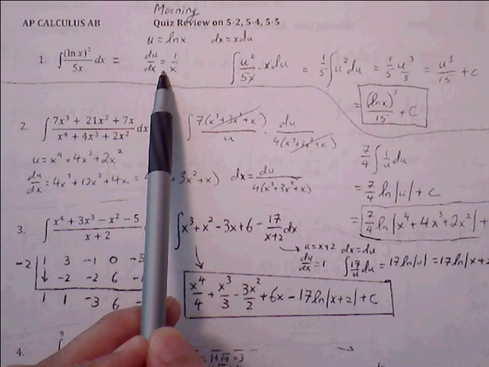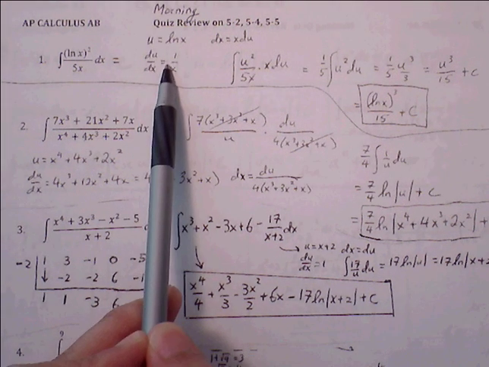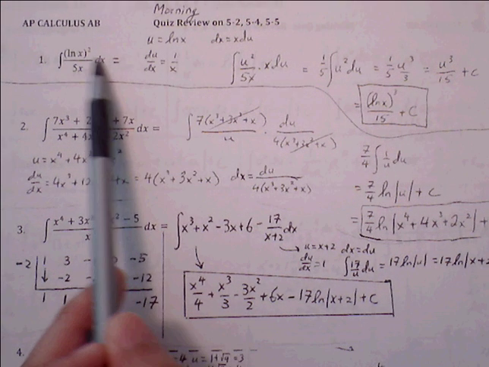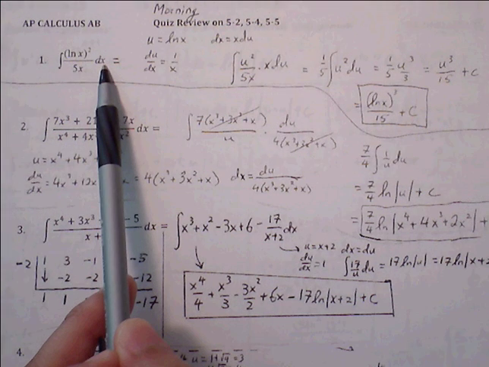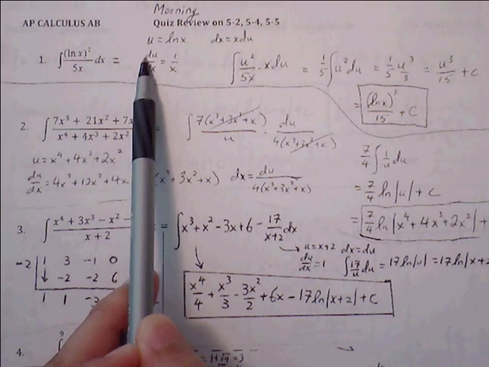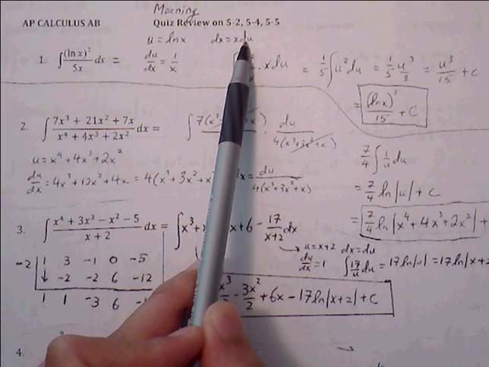So with use substitution, after we identify our u value and find our du, the next step is to replace and convert everything to be in terms of u. So I'm going to go ahead and solve for dx and make that substitution. If I solve for dx, if I do cross product, dx equals x du.